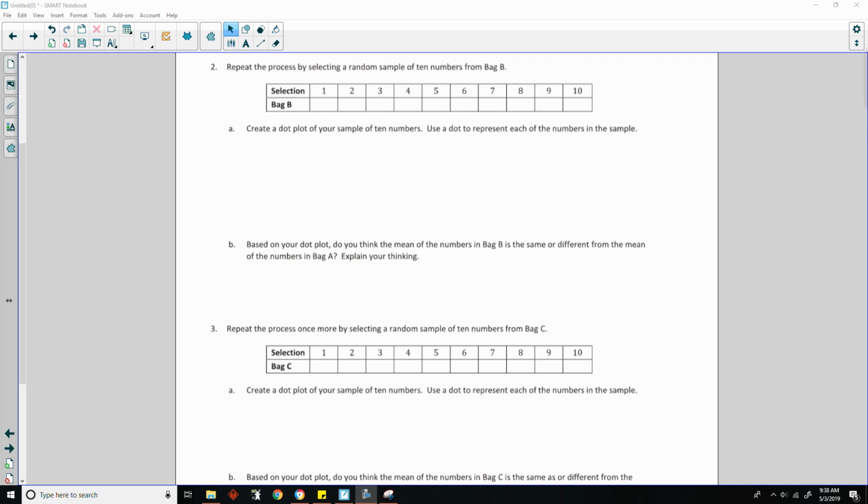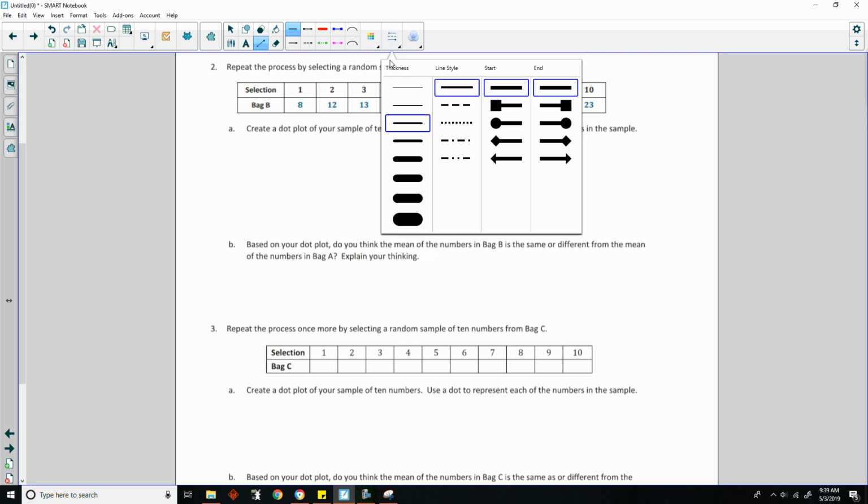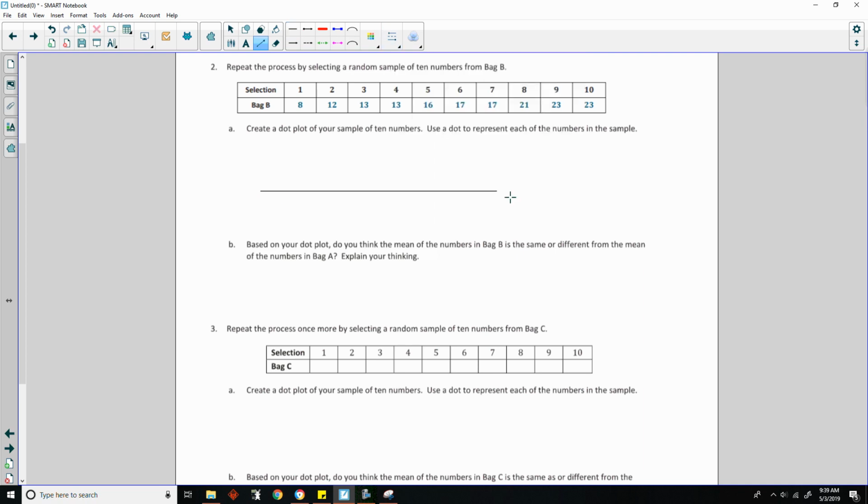Okay, number 2 says, repeat the process by selecting a random sample of 10 numbers from bag B. Okay, so obviously I can't do this for real, so here's my sample, and they're in order from 8 to 23. Now it says to create a dot plot, so you should get the idea of how to do that. A nice straight line with your ruler, and then labeling, and I look at the smallest value, which is 8, so I should start my dot plot around there.